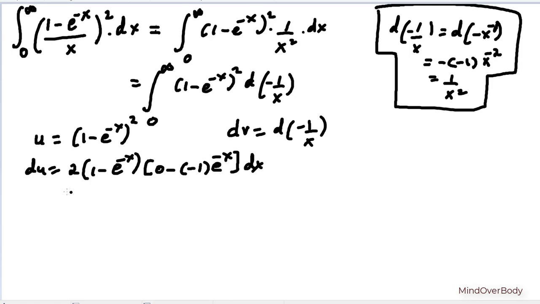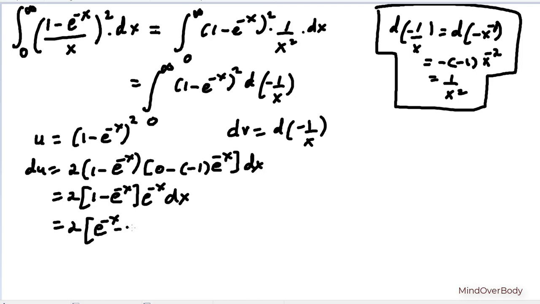So this can be further rewritten as 2 times (1 − e^(−x)), negative and negative making positive, e^(−x) dx, which can again be rewritten by distributing e^(−x) inside. This is going to be e^(−x) minus e^(−2x) dx. So this is my du.